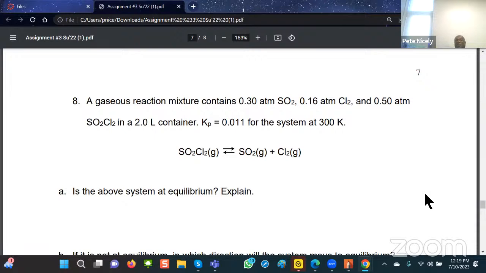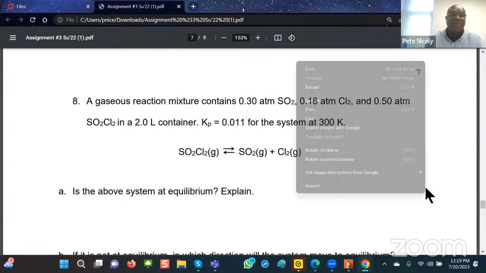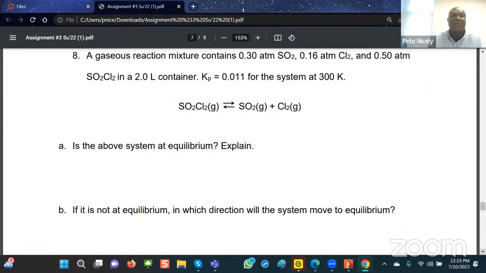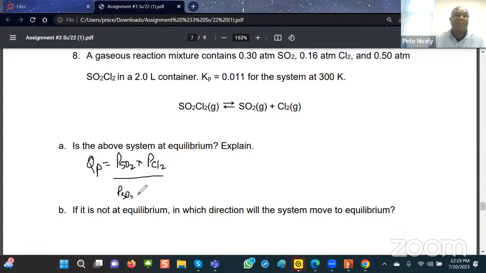Okay, so first thing I would do, let me just scroll down a bit here, is that I would calculate Qp. So Qp is equal to the pressure of SO2 times the pressure of Cl2, all divided by the pressure of SO2Cl2. And we put the numbers in.